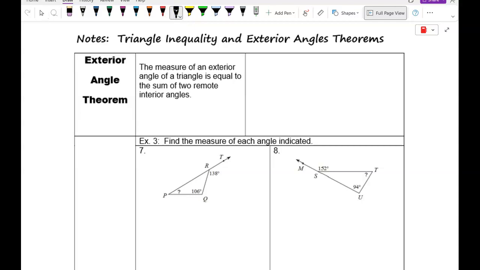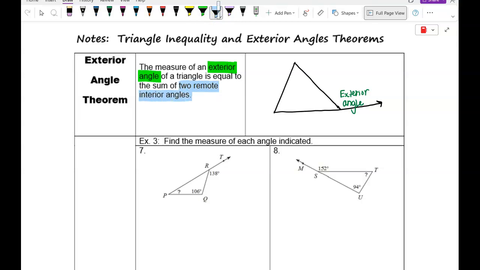There's a lot of vocabulary here, so I'm going to draw a diagram here. When we're talking about an exterior angle of a triangle, that means that one side of the triangle has been extended beyond. So in the case here, this angle out here would be my exterior angle. Then they talk about two remote interior angles.